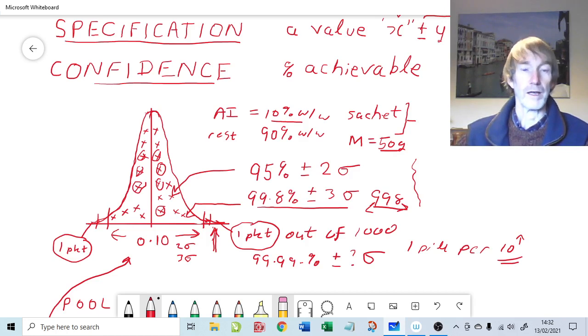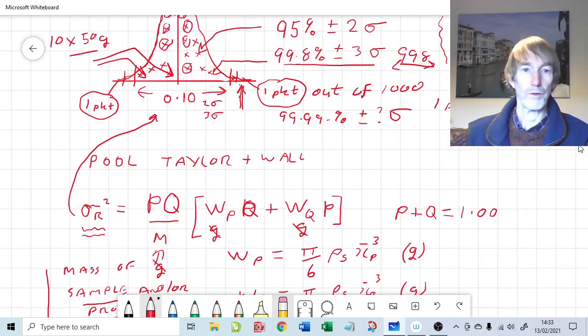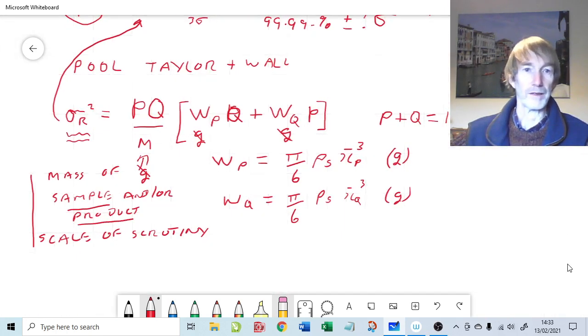And if you take a 50 gram sample and you take, let's say, 10 times 50 gram samples, then that will give us enough data to calculate the mean value, and also we can get the standard deviation, and we would expect that standard deviation to be what we're predicting from this equation here, or the square root of this equation here, according to Poole, Taylor and Wall.